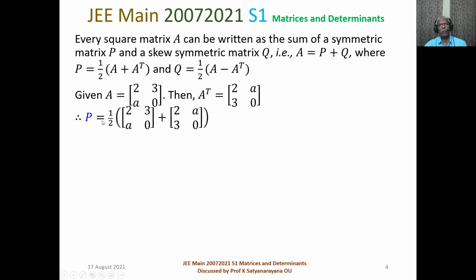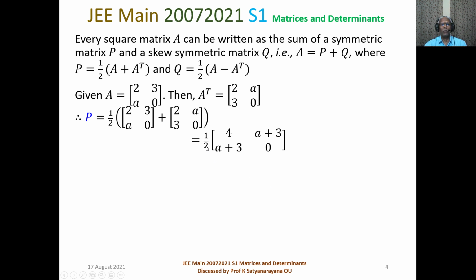P will be 1/2 times A plus A transpose. A is 2, 3, a, 0 plus A transpose 2, a, 3, 0. Adding, that is equal to 1/2 times 2 plus 2, 4; 3 plus a; a plus 3; 0 plus 0, 0.